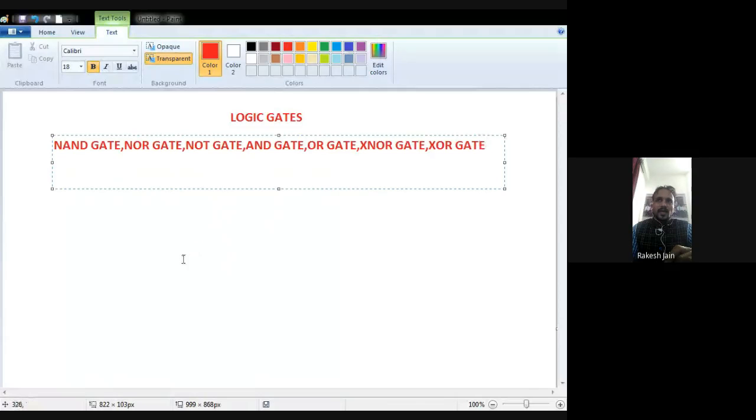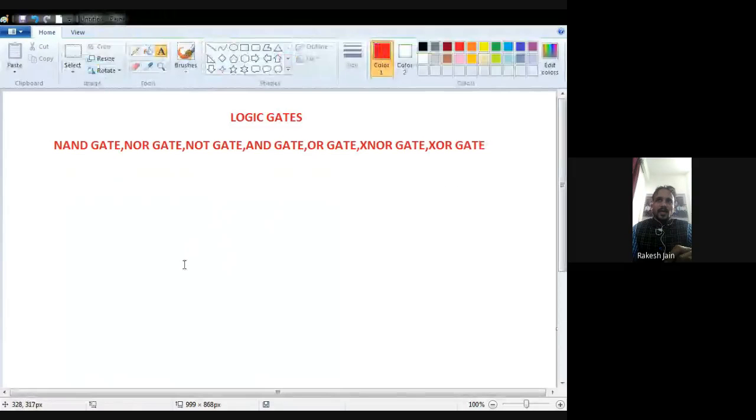Okay. So this MS Paint file shows you the different kinds of logic gates. So my topic today is logic gates. Right. So how many types of logic gates are there?